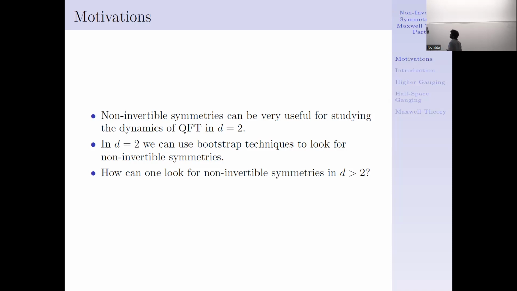The main question is how do we look for non-invertible symmetries in higher than 2 dimensions? Our goal for today will be to try to develop a slightly more systematic way to look for non-invertible symmetries in the case of Maxwell theory.